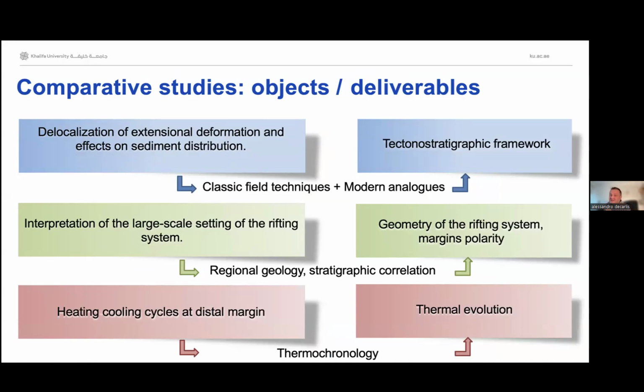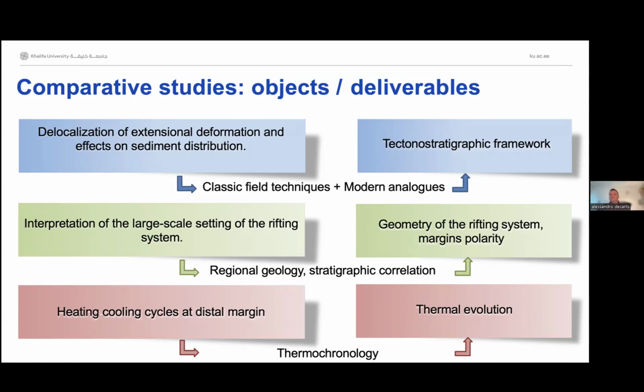This was something that was taken exactly from the study of basins. And this contributed, in a way, to the tectonostratigraphic framework of the Alps itself, but also to the tectonostratigraphic framework of modern margins, if you want. So you know where to pick up things now, for example, to examine an area in which you don't have drilling yet.